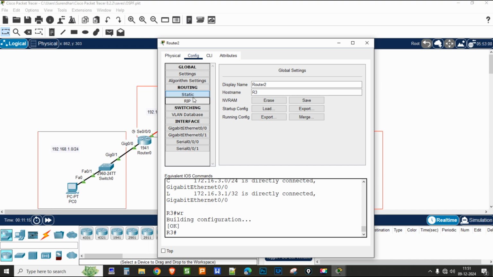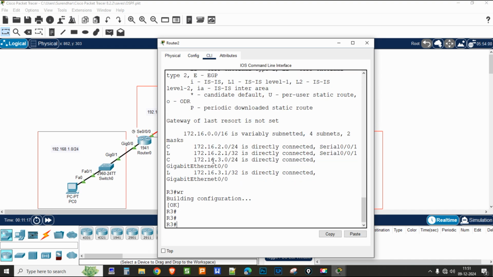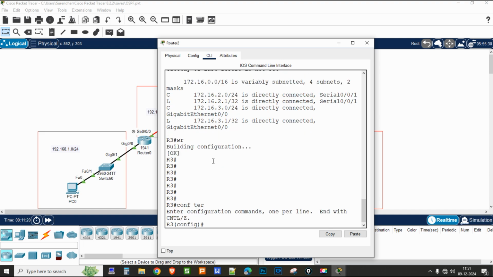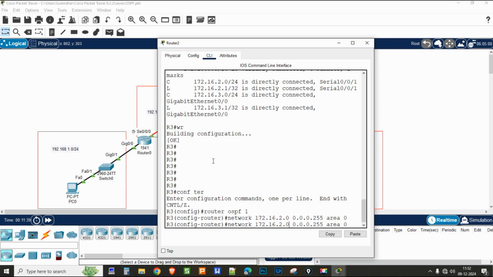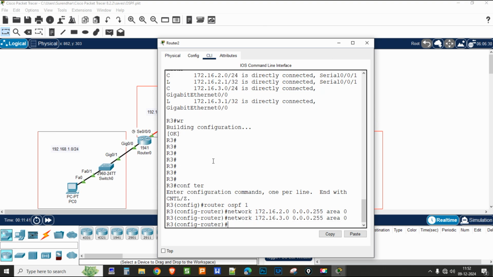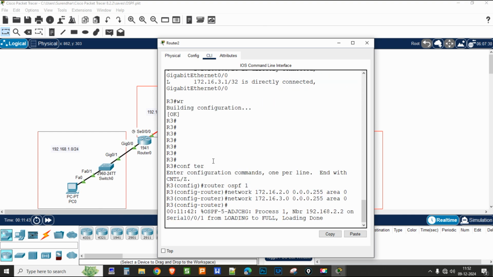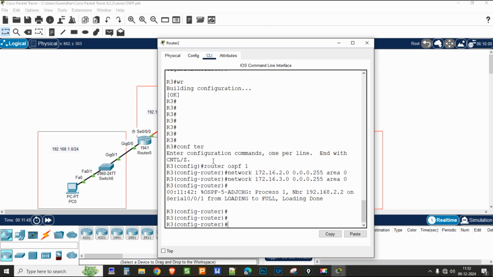Here there is no CLI. Config terminal, router OSPF 1. Then the networks directly connected: 172.16.2.0 followed by the wildcard mask, then area 0, then 3.0, which has the highest value IP, 3.1. Yes, it gets the neighbor adjacency table.